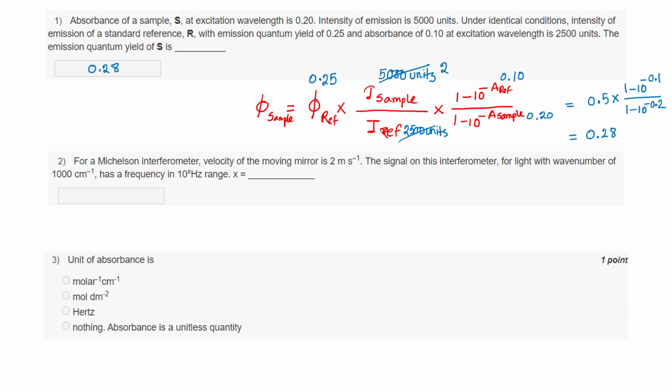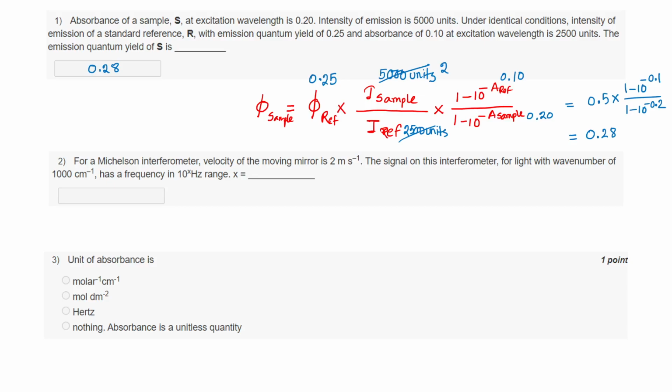If you directly take 0.1 and 0.2, then a factor of 2 will come in the denominator, which will cancel with this, and it will become 0.25. That's the mistake they have made. They cannot do this, as this is going to be a significant error.